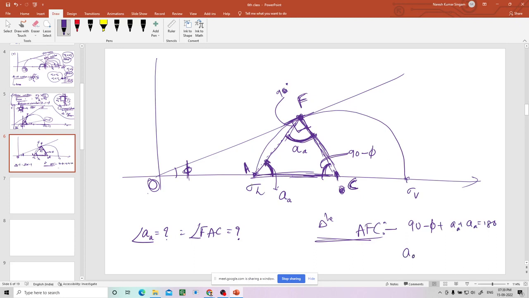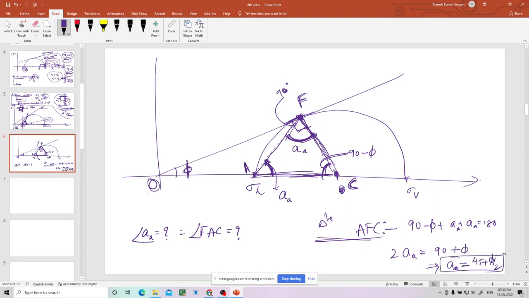So what is A now? 180 minus 90 plus phi, so 2A is 90 plus phi, and A will be 45 plus phi by 2.